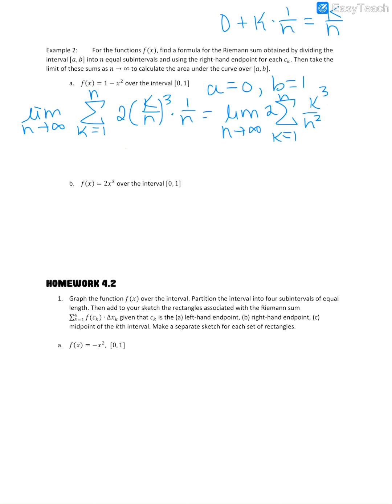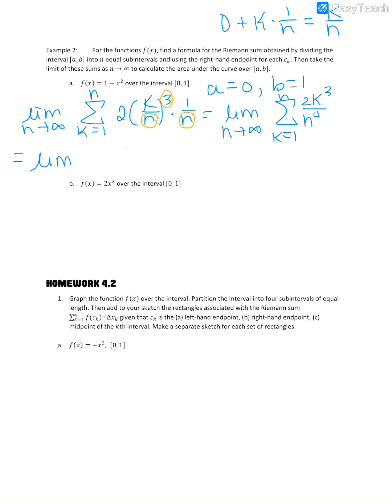I'll take the 2 out in the next step too. So 2k cubed over, and it's actually n to the 4th, not n squared. I'm sorry, because from the first one here I have n cubed, and then I have another n right there. So this is actually n to the 4th, sorry. All right, here we go.